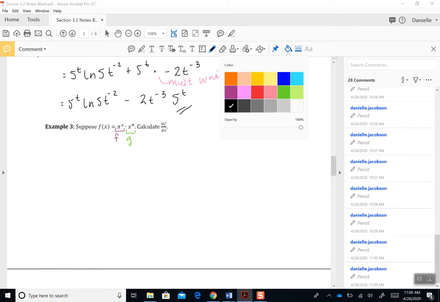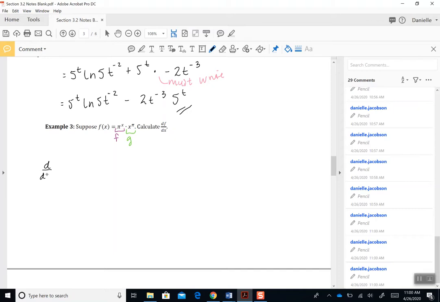Okay, so going through this, I'm going to do this in Leibniz notation. So I have d dx of pi to the x times x to the pi.